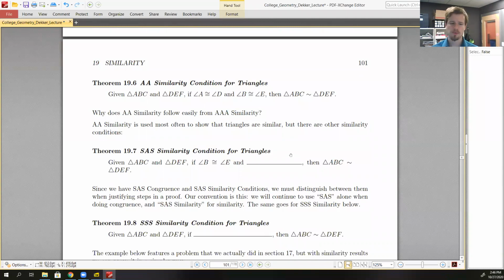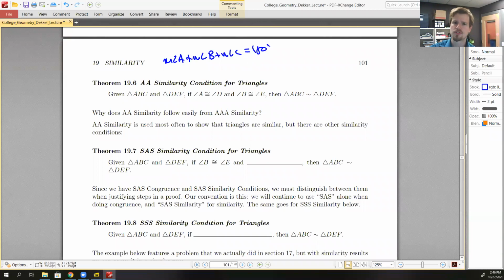First of all, remember that a couple of sections ago, we talked about how the sum of the interior angles of a triangle add up to 180 degrees. So if the measure of angle A plus measure of angle B plus measure of angle C is equal to 180 degrees, then as soon as I have two of these angle measures, the third one is fixed.